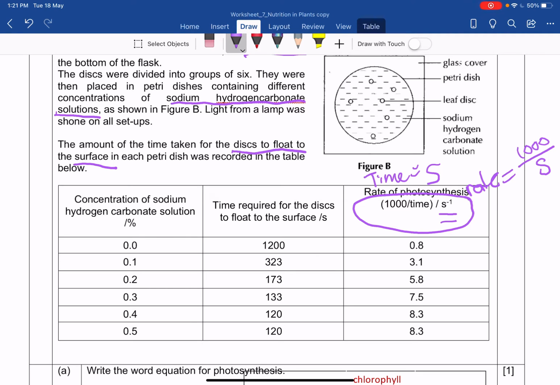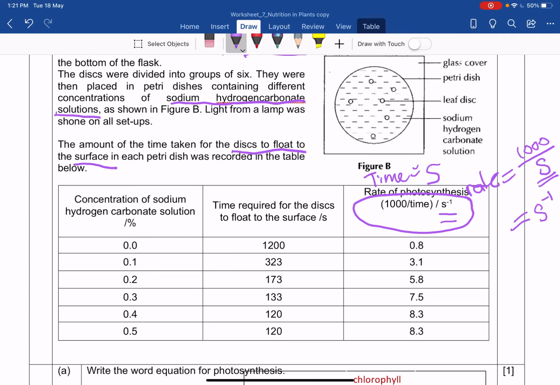You learn in math that when seconds are in the denominator, when I bring it up, it will just be s minus 1, and that is why the unit is s superscript minus 1.